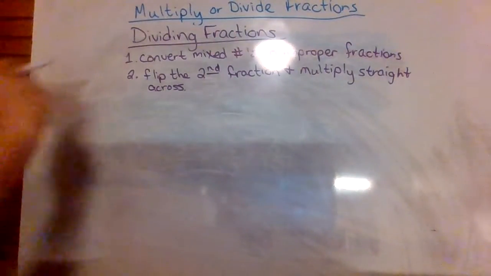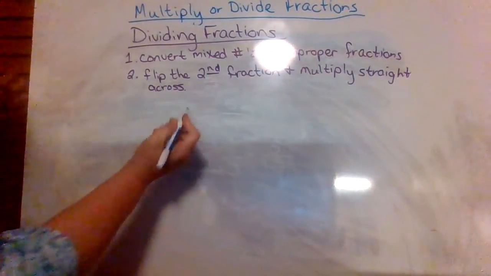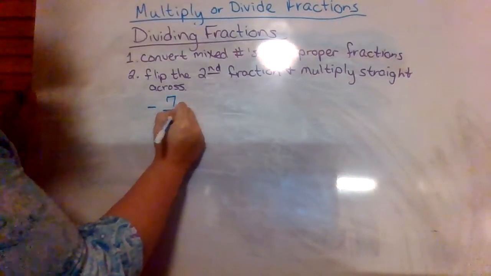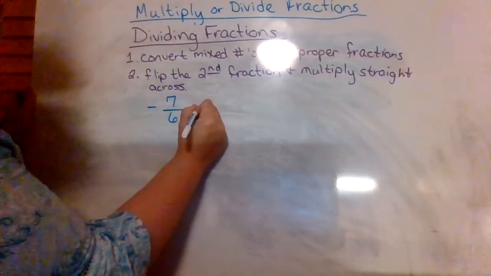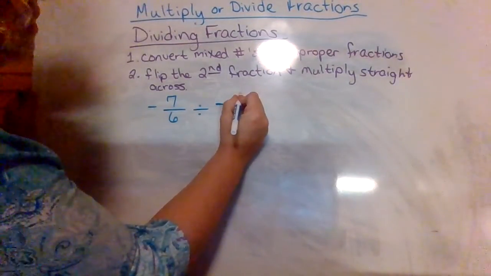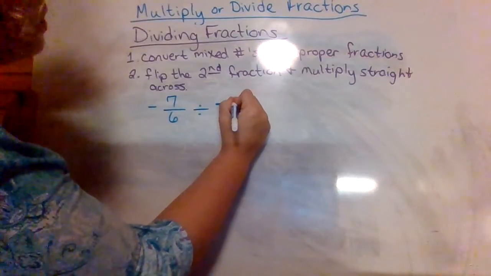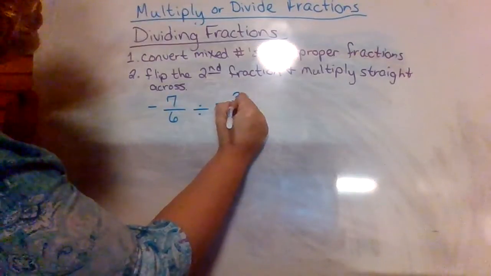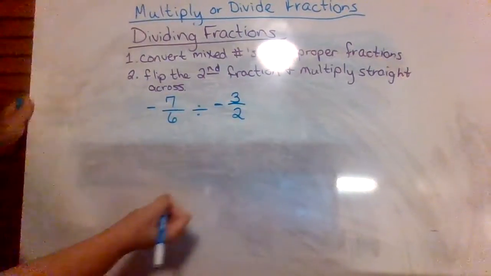And this is one where you're going to have to do a little bit of other stuff. So I'm going to have negative 7/6 divided by negative, I wish y'all were here to give me numbers. Let's see. 3/2.